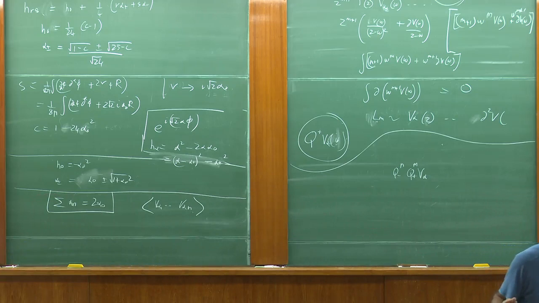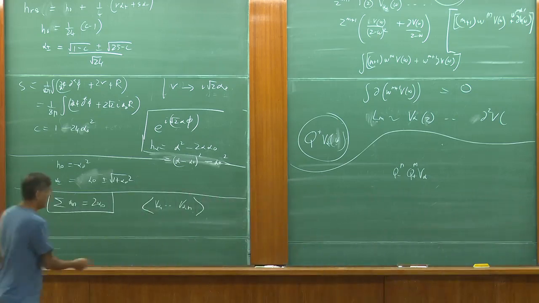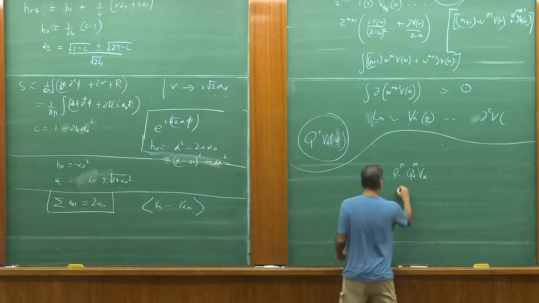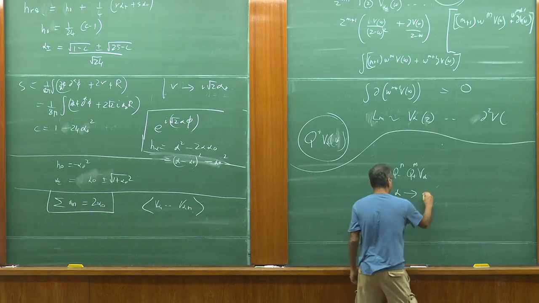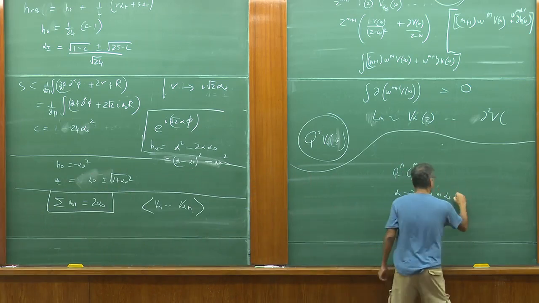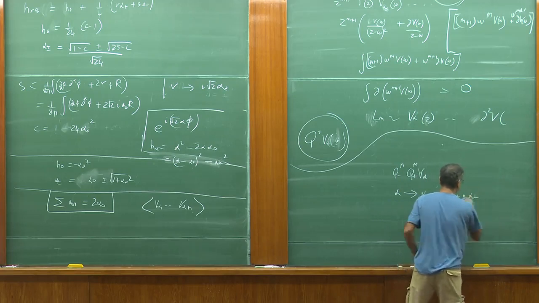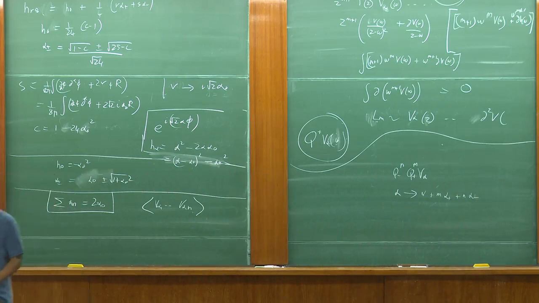Is this clear? What is the weight now of this new object? The weight of this new object has alpha, the momentum charge, the translation charge. Alpha has gone to alpha plus m times alpha plus plus n times alpha minus. Clearly.